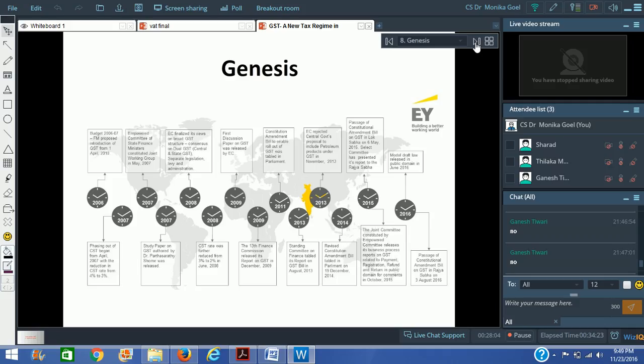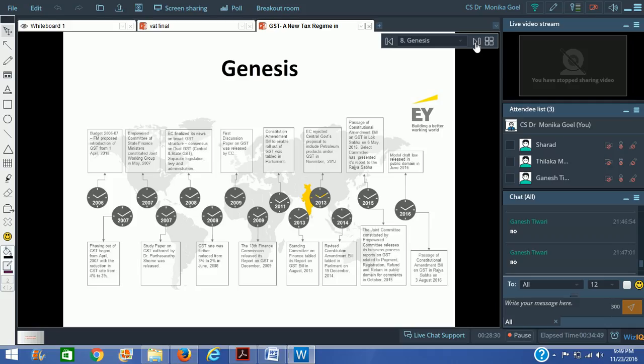So it was way back in 2006 that we started this exercise. Then an empowered committee of the state governments was constituted, and when VAT was levied, it was decided that over a period of time CST would be phased out. But CST could not be phased out, it could just be reduced from 4% to 2%.